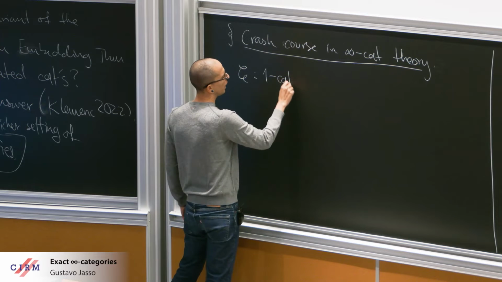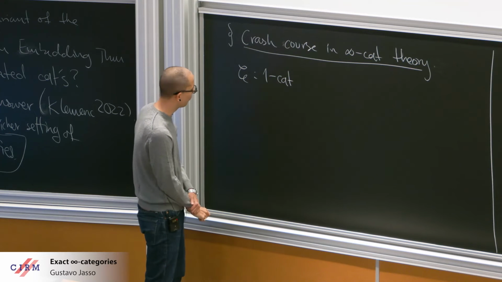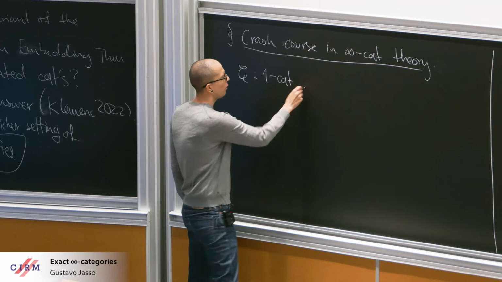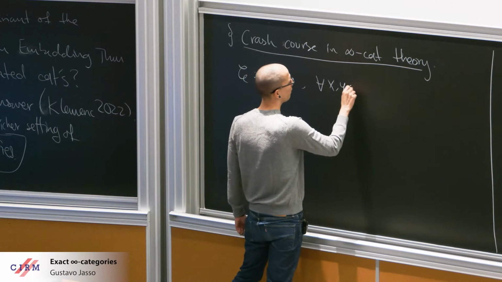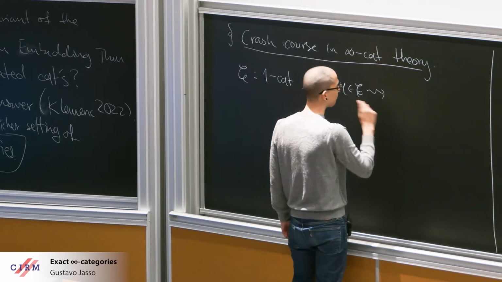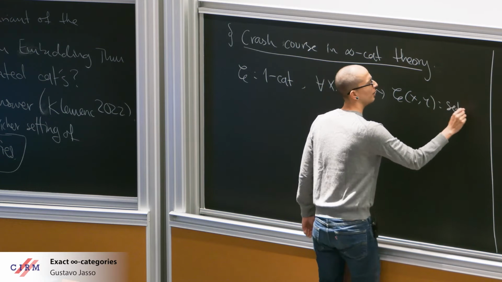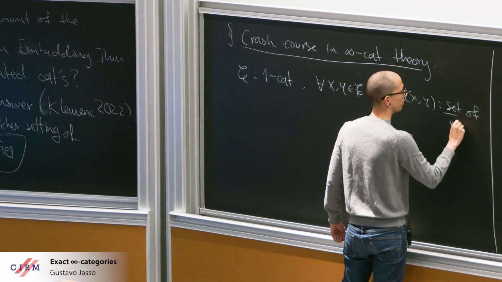So if I have an ordinary category, say a 1-category, for emphasis, I have for every pair of objects a set of morphisms.